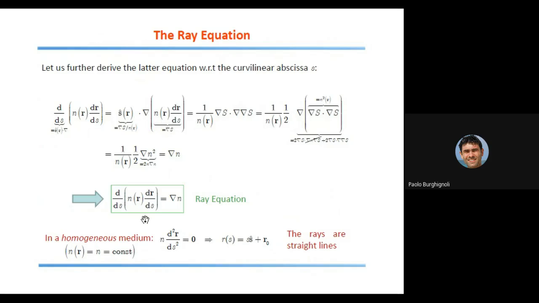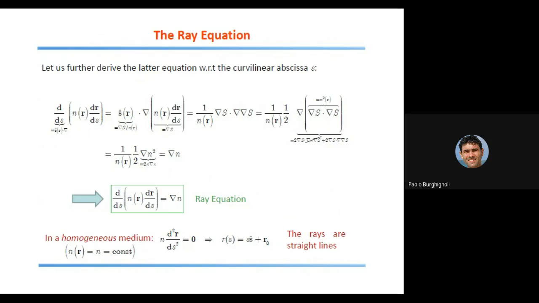However, in a homogeneous medium, the equation becomes very simple. It becomes linear because it tells us that the second derivative of r must be equal to 0, which means that the vector r, which should be written in bold as a vector, must be a linear function of the curvilinear abscissa.